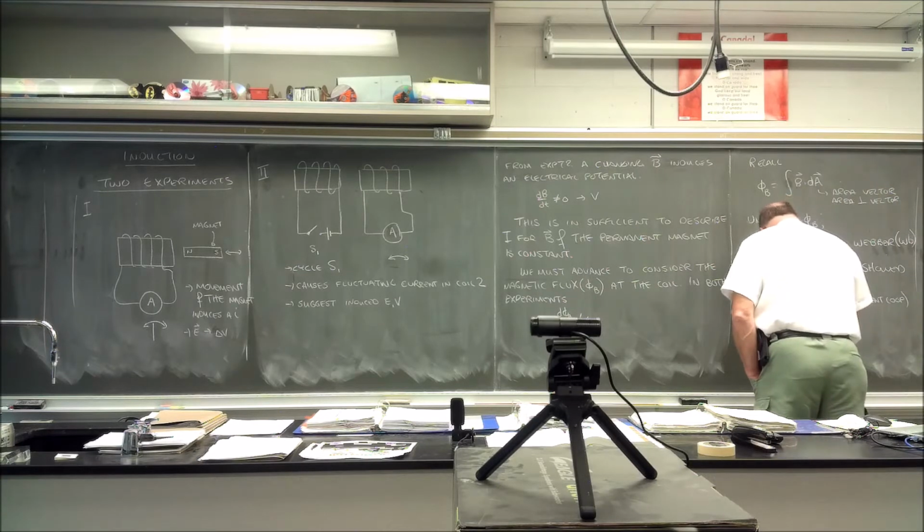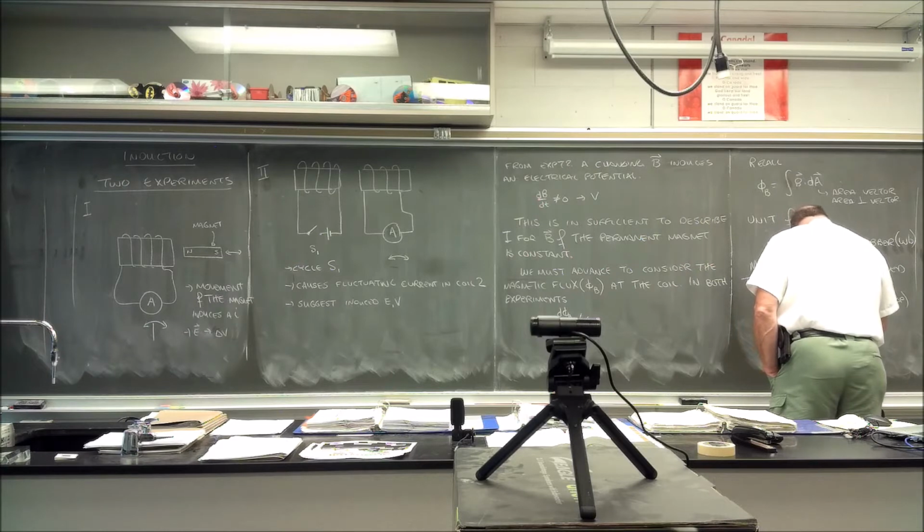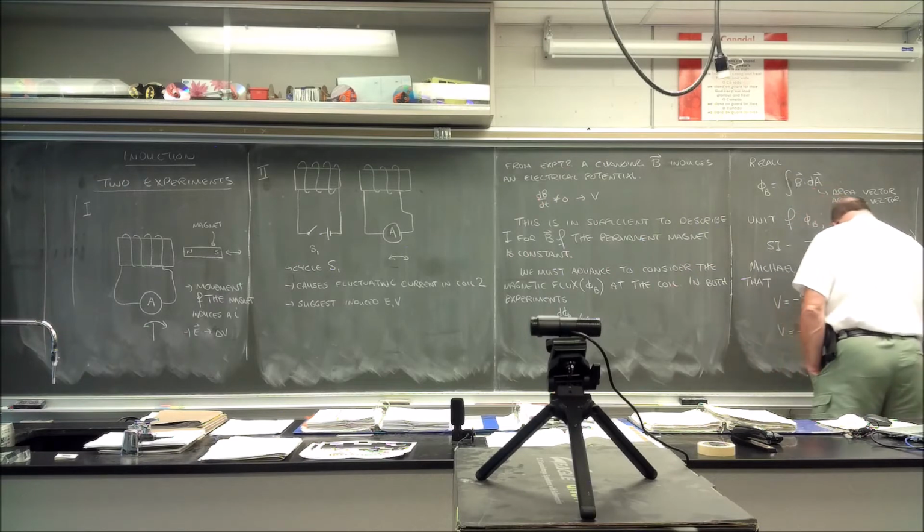And then we would have minus capital N, dΦ_B/dt, and this would be a coil of N turns.